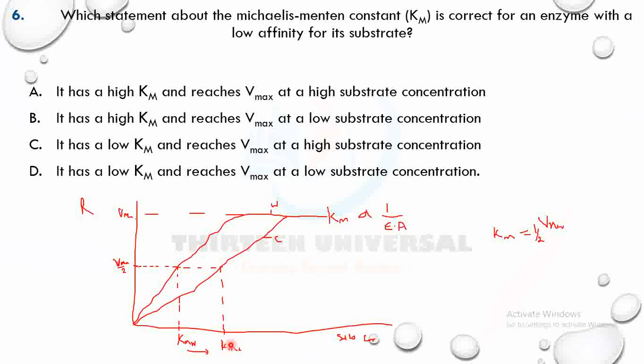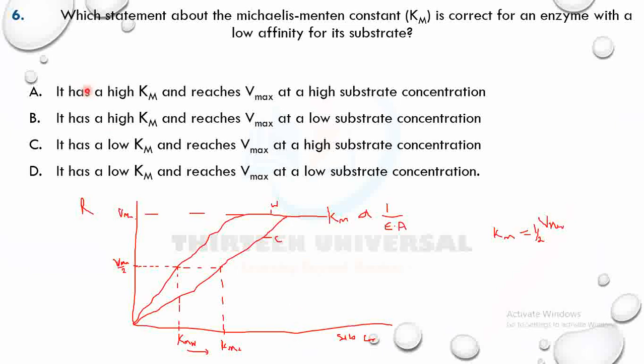The higher the Km, the higher the concentration required. This is Vmax, the highest rate of reaction. It requires higher substrate concentration compared to this one that has low Km. Low Km requires low substrate concentration to reach Vmax. High Km requires high concentration of substrate to reach Vmax.